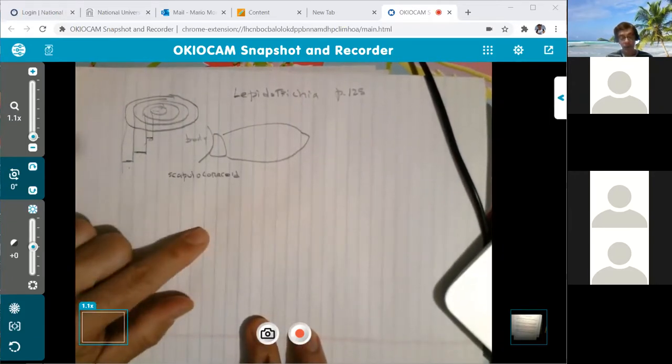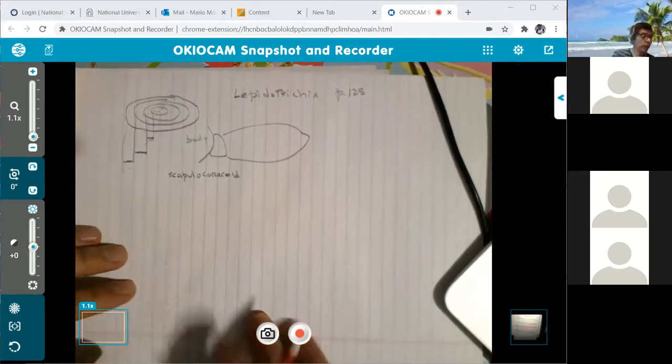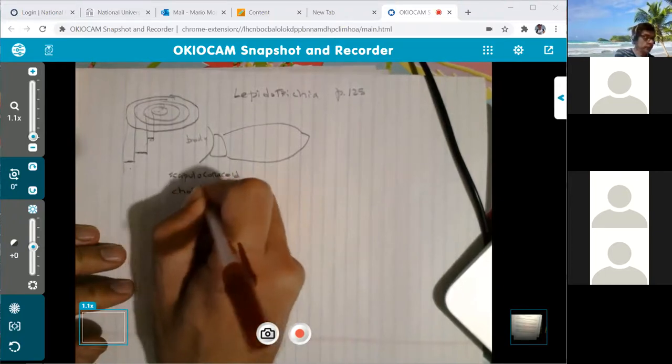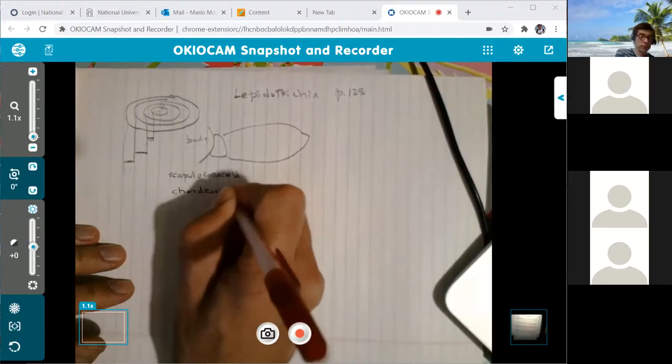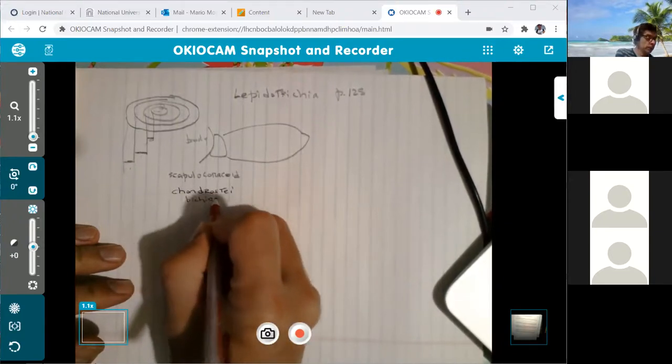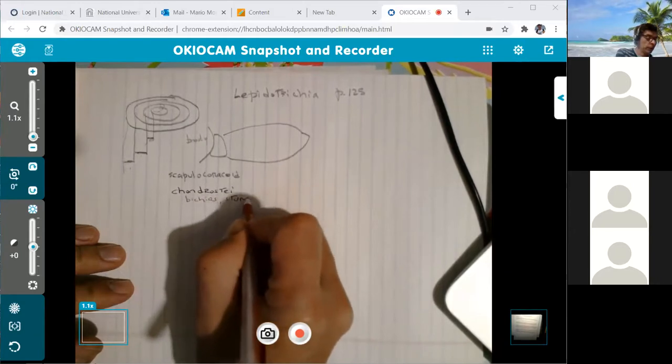So this is the more primitive one. This will be the one in Chondrostei, which are the bichirs, and for example sturgeons.